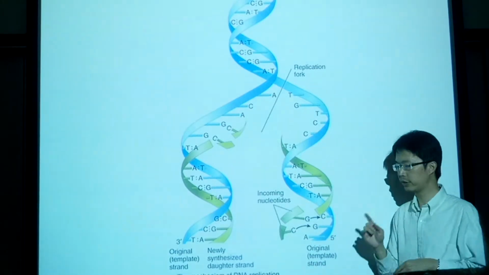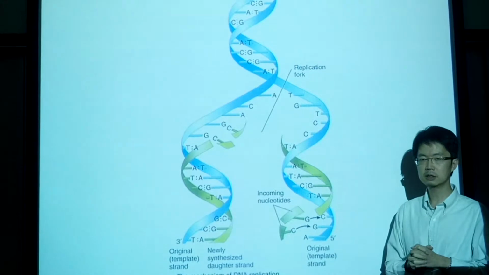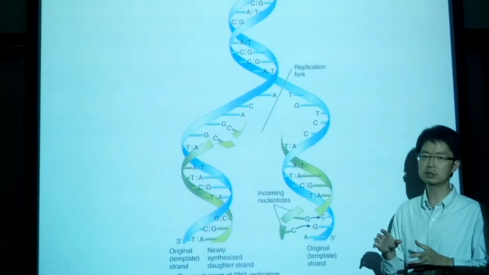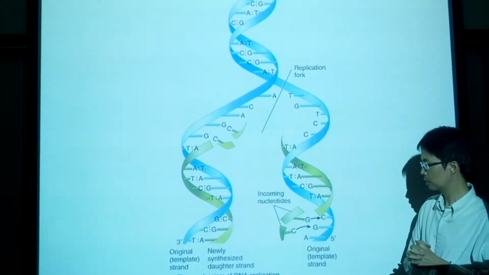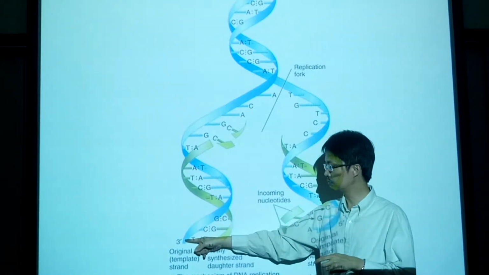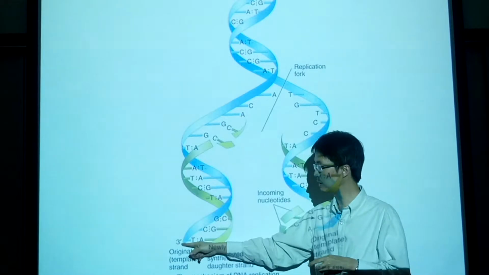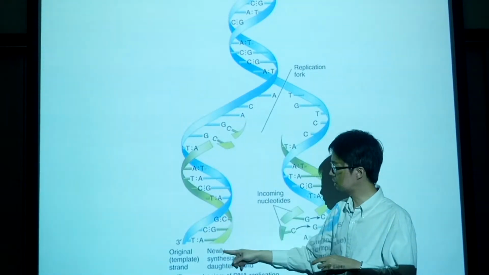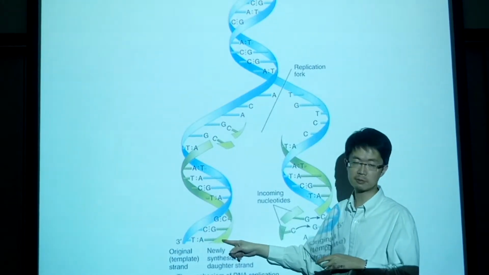And there's one thing that I want you to memorize: the newly made daughter strand, the green one, is always made in the direction of 5' to 3'. So in here, you see that the mother strand is starting with 3' here, and then 5' on the top. In other words, the daughter strand here, this end is the 5' end.